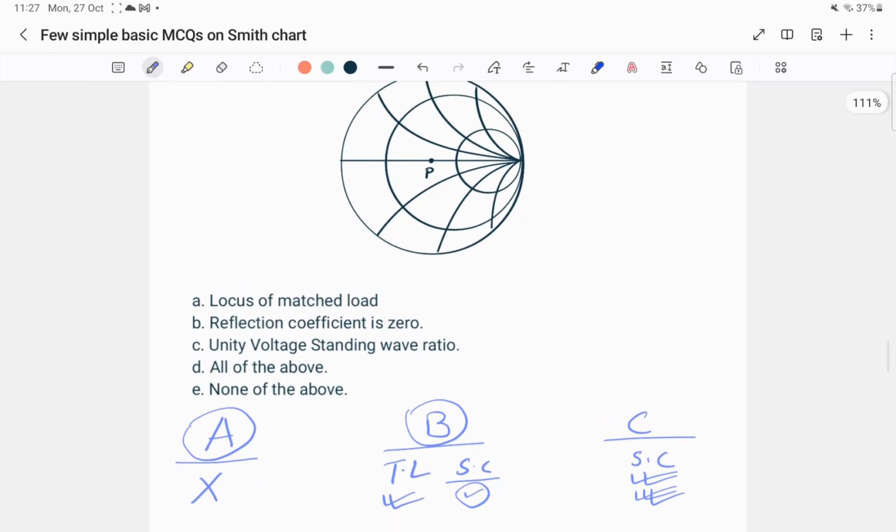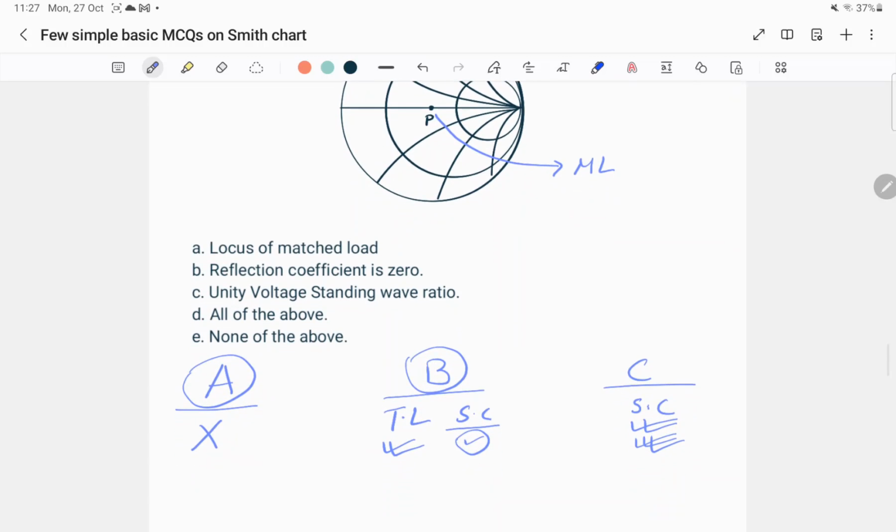Student B already knows that this point P is a matched load condition, and he also knows that the formula for reflection coefficient is mod of gamma equals ZL minus Z0 divided by ZL plus Z0. Now since point P is a matched load point, he knows that the load impedance should be equal to the characteristic impedance Z0.